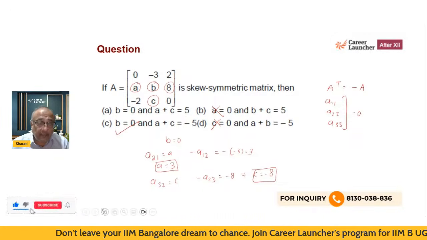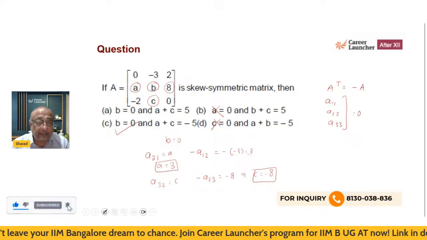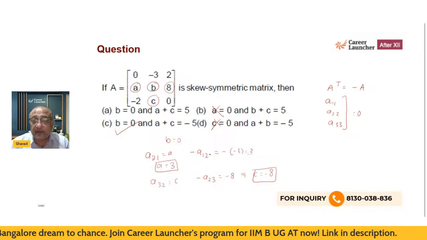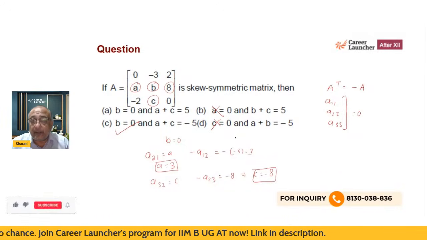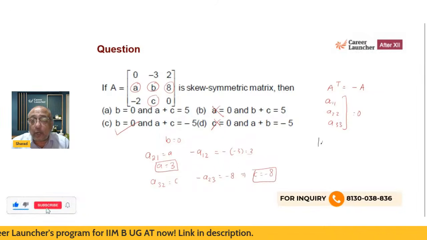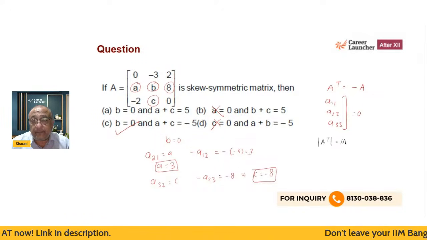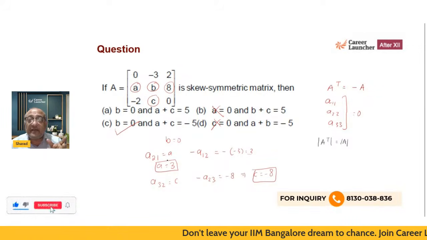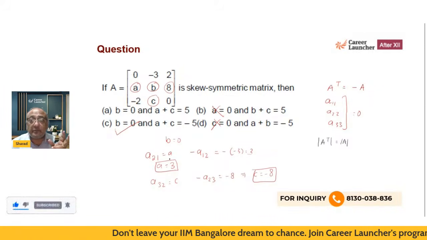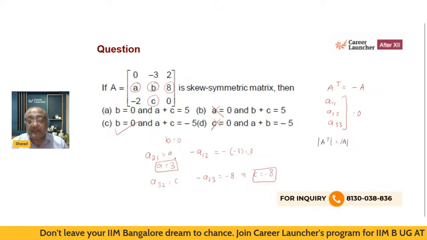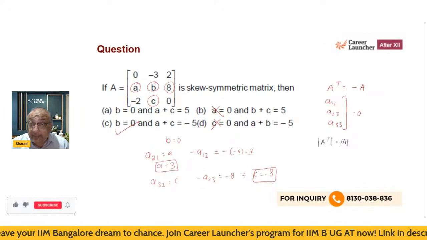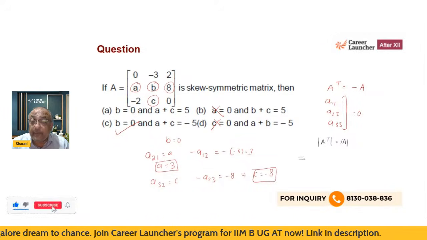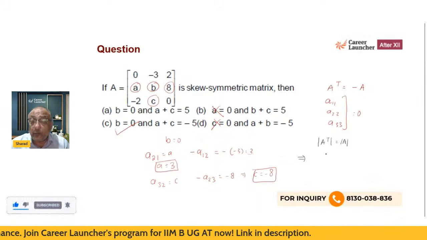One more thing, which all of you attending this session or viewing it afterwards must remember: determinant of A transpose is equal to determinant of A, right? Why? Because shifting the values from rows to columns and columns to rows, the value of the determinant does not change. But here is a very, very important part which I am telling you.